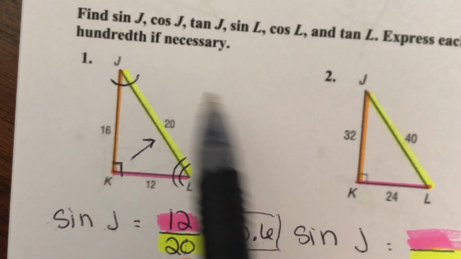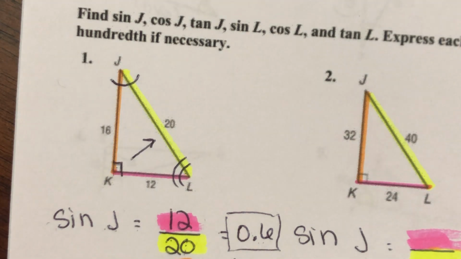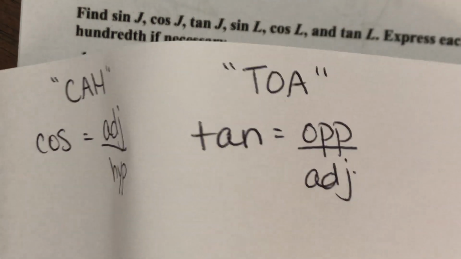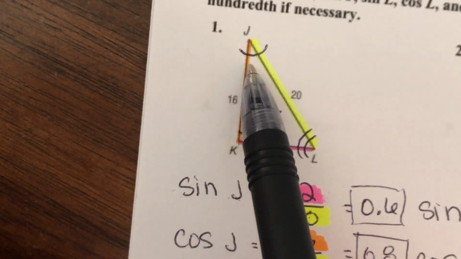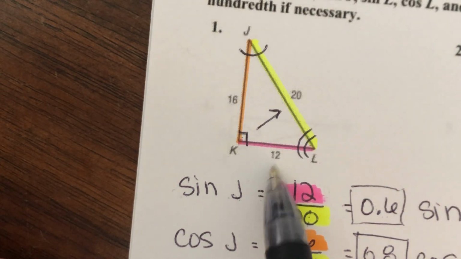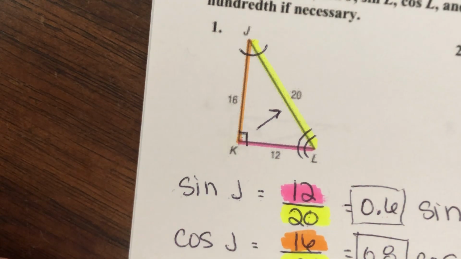Okay, tangent of angle J. Tangent is opposite over adjacent. TOA. T-O-A. Tangent equals opposite over adjacent. So for the tangent of angle J, the opposite side is 12, and the adjacent side is 16.